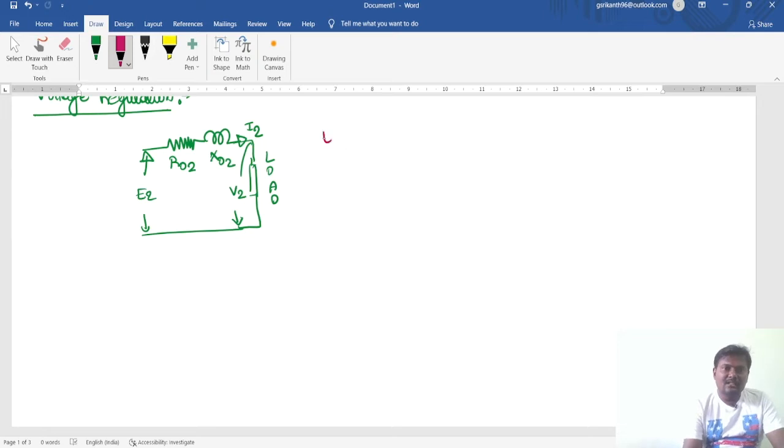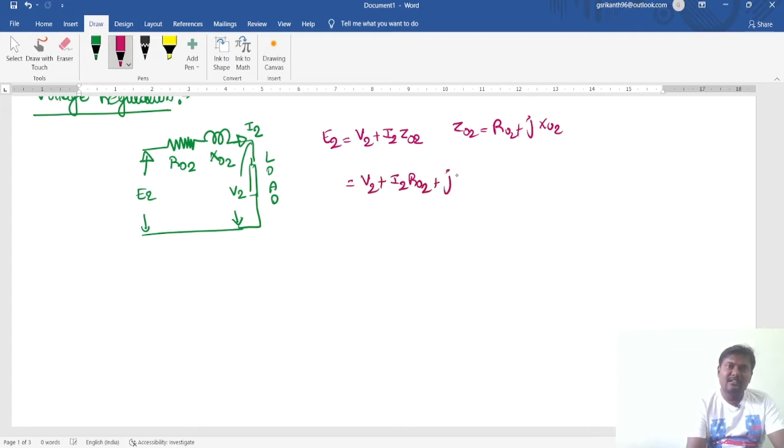And we can write E2 is equal to V2 plus I2 into Z02, where Z02 is equal to R02 plus j times X02. So V2 plus I2 R02 plus j times I2 into X02.